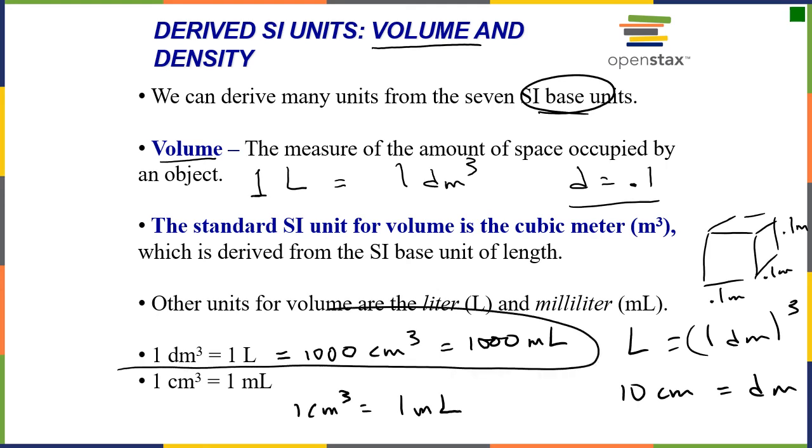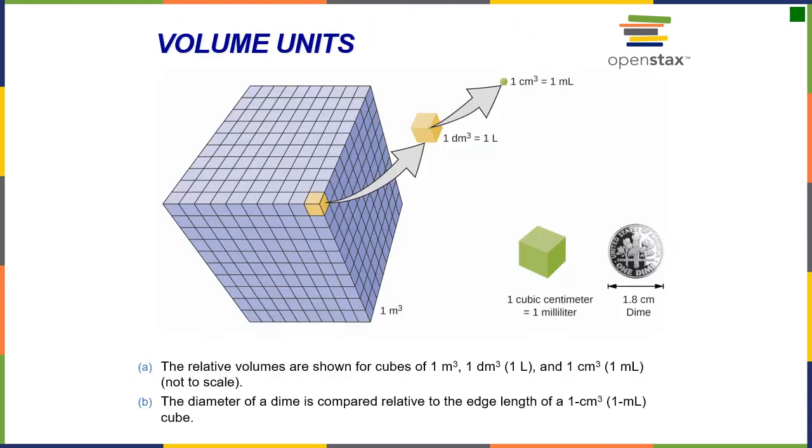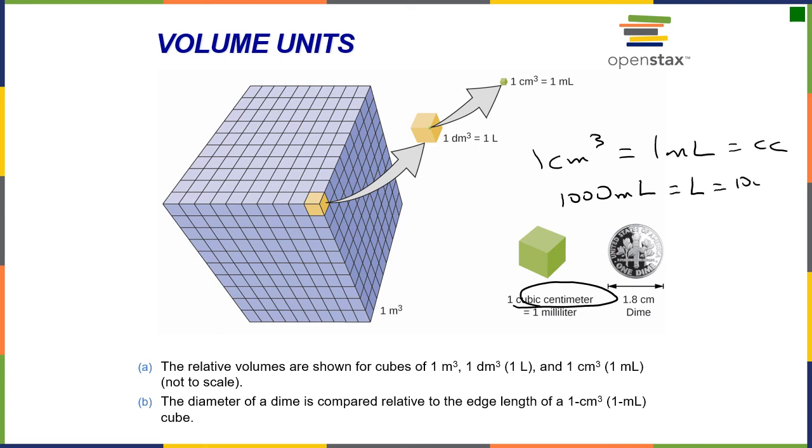You need to know these as they are used interchangeably in chemistry. So once again, there is 1 centimeter cubed in 1 milliliter. If you're in the medical field, you might actually call this a cc for a cubic centimeter. And we know that there are 1,000 milli in anything, so there are 1,000 milliliters in a liter, which is the same as 1,000 cubic centimeters.